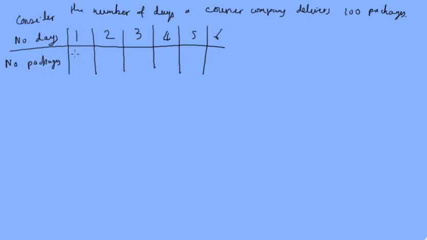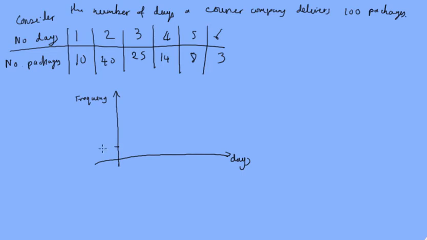It took them 1 day to deliver 10, 2 days to deliver 40, 3 days to deliver 25, 14, 8, and 3. And we've got our days here, and we've got our frequency here.